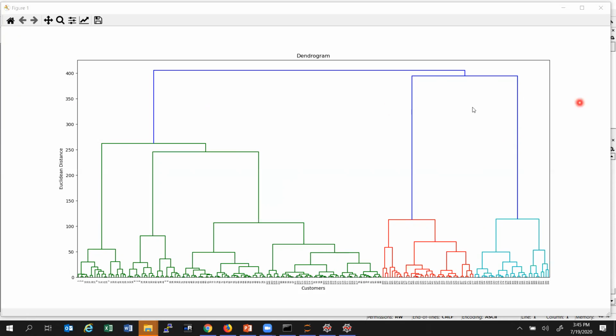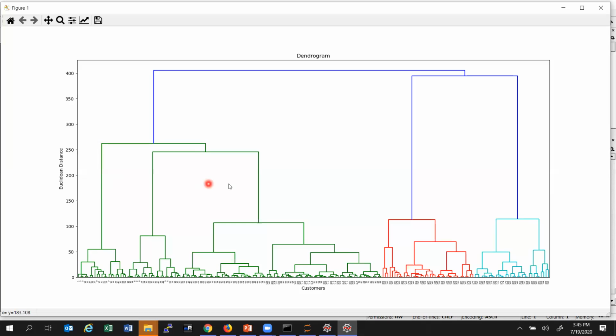In this case, if you draw the line here, you will get total how many clusters? 3 clusters. Correct. Or you can draw a line here in between, then you will get 4 clusters, or you can draw a line here. In this case, you will get 5 clusters.